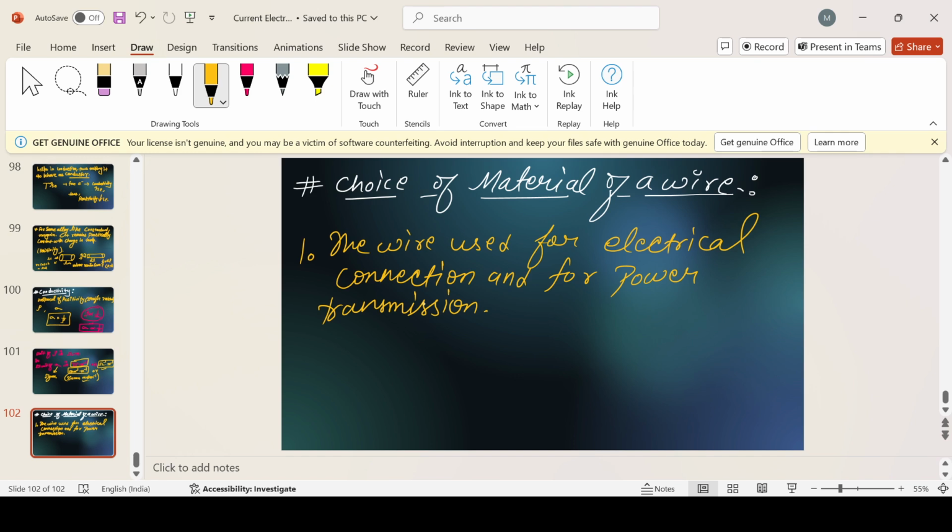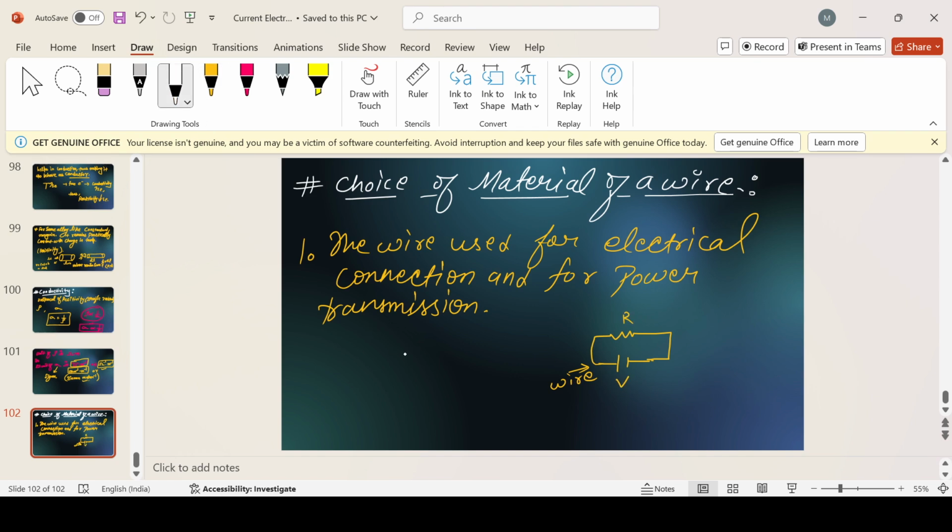The wire is used for electrical connection, which means if you want to transfer some amount of electrical energy from one point to another, like if you have a battery here and you need to pass it through this resistance, this wire is required for doing it. Yes or no?